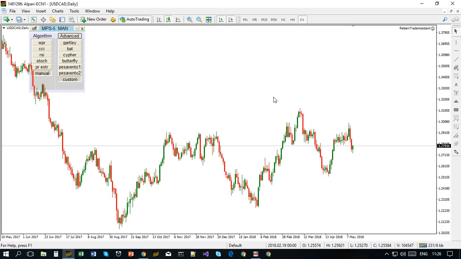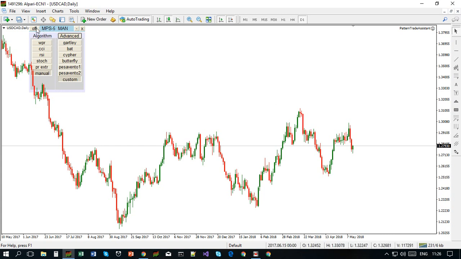Harmonic traders vastly use the RSI indicator and HSI indicator. RSI is relative strength index, HSI is harmonic strength index. This second indicator was developed by Scott Carney also. Okay, that's it about the algorithms.